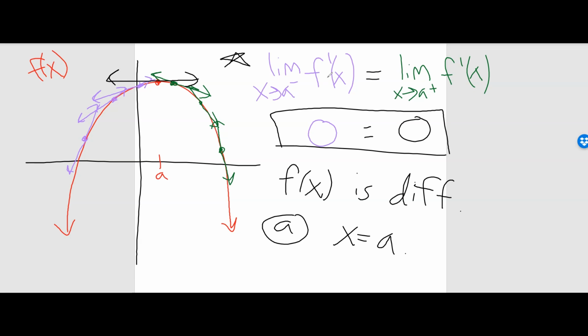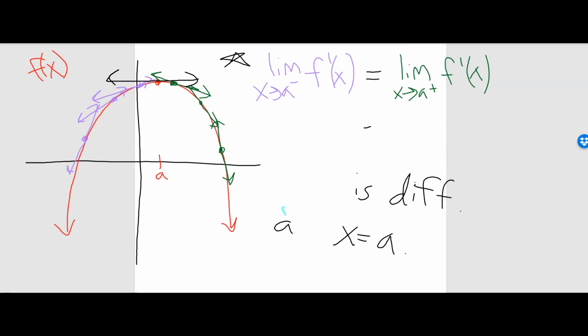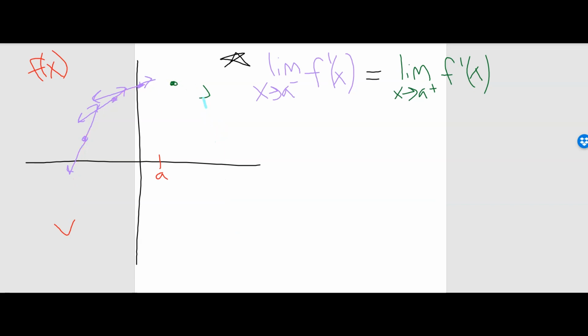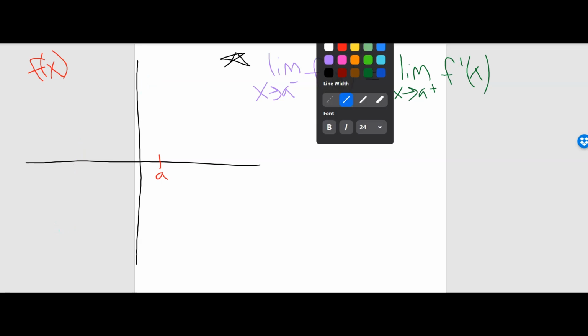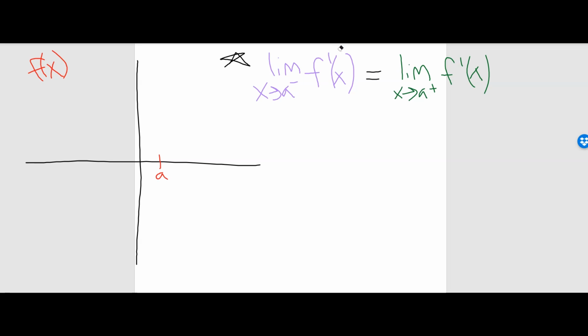Okay, let me show you an example of when a function wouldn't be differentiable, and we'll use one of the examples from up above. I don't need to erase all this actually, just some of it. Okay, so let's go with something like this.